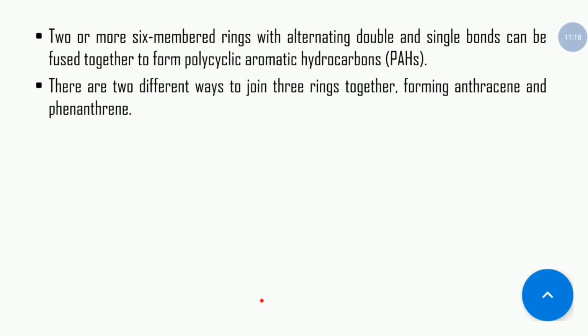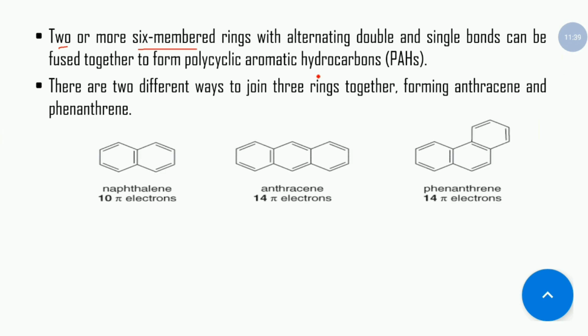Now, two or more 6-member rings with alternating double and single bonds can be fused together to form polycyclic aromatic hydrocarbons.